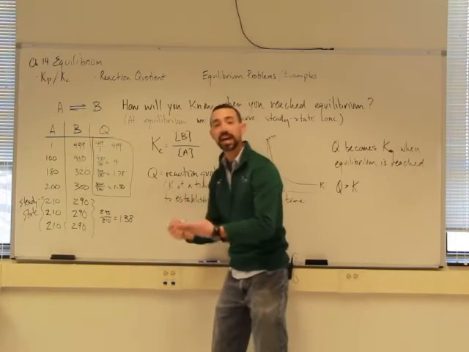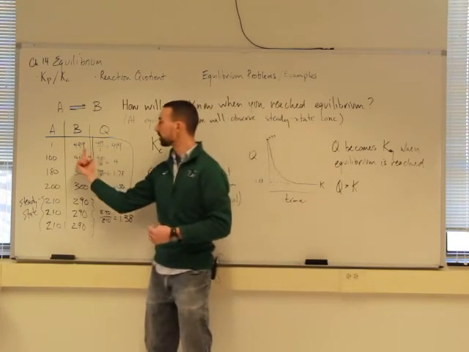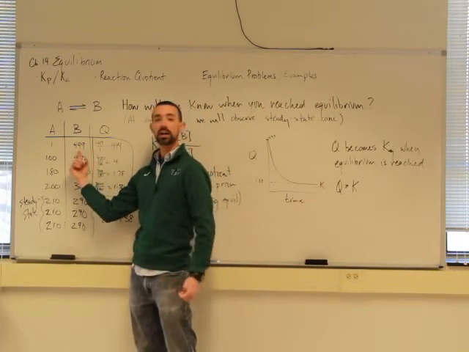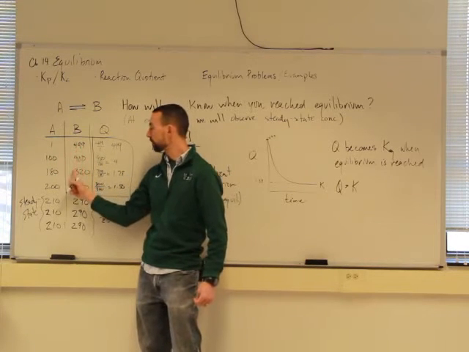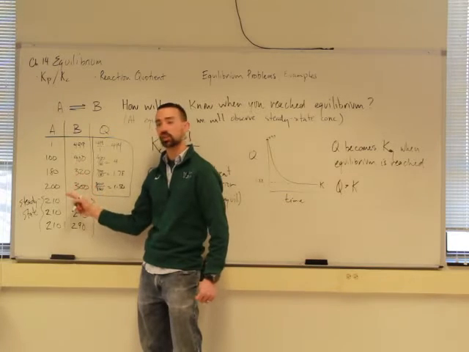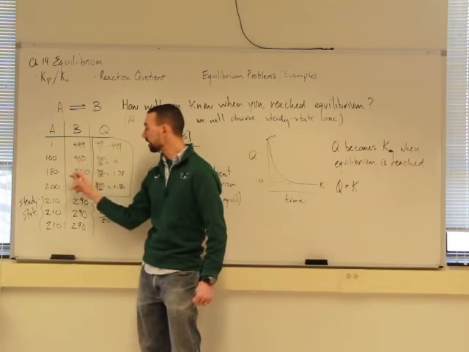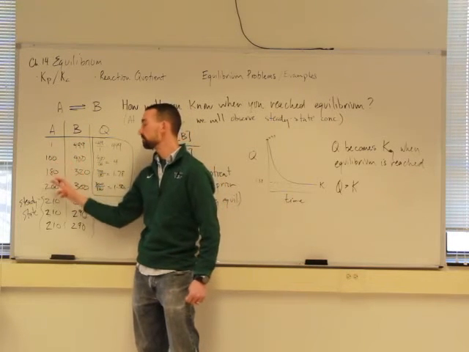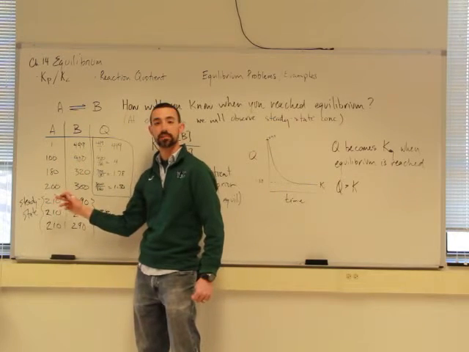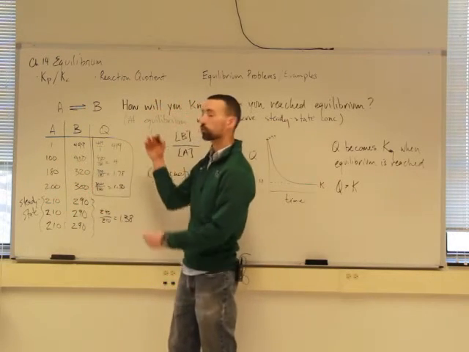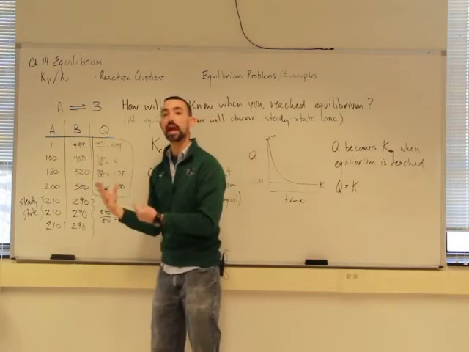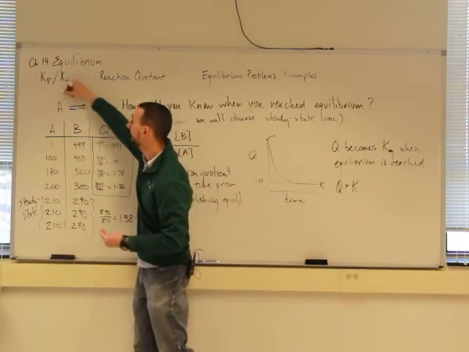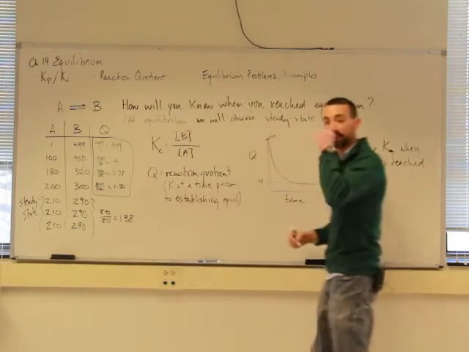Now, physically, how that happened was, look, we shifted products over to the reactant side. In each case where we were checking in on these ratios, the amount of products was decreasing and the amount of reactants was increasing. So we were trading products for reactants. The reverse reaction, the B to A, is what makes that happen.